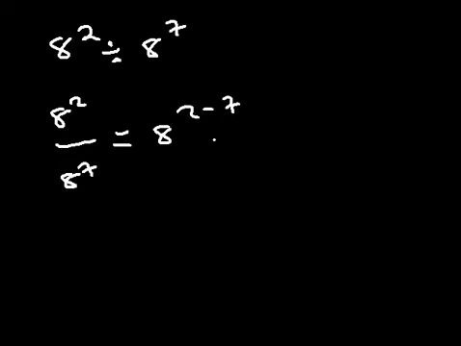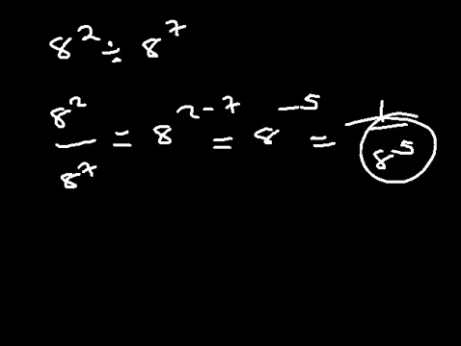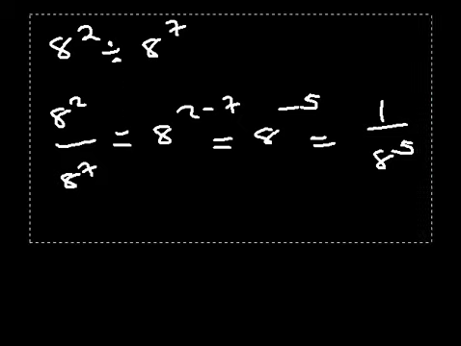So now we'll have 8 to the power negative 5. Using the principle behind the negative rule, this is the same as 1 over 8 to the power 5. So keep that in mind, and of course you should work out what the value of 8 to the power 5 is. Try that on your own time.